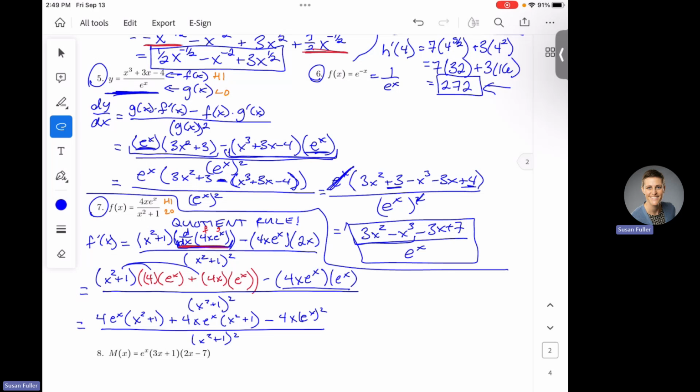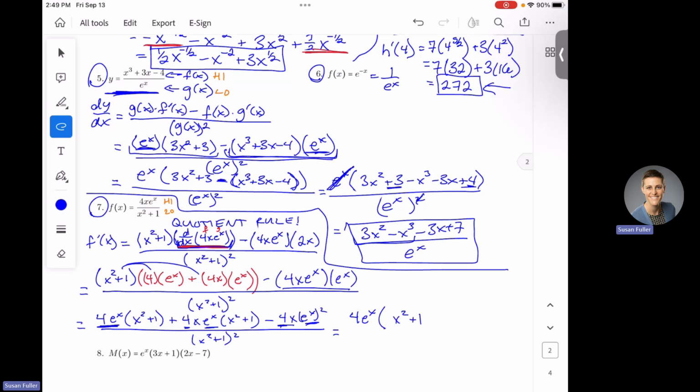And now just to simplify a little bit, it's not really going to simplify. I don't have any like terms on top because I could distribute each of these into the x squared plus 1s, but I don't think we want to do that. If I really wanted to, I have a 4 e to the x in all of these. I could factor that out if I wanted to, but again, I don't know that that would really do much for us.